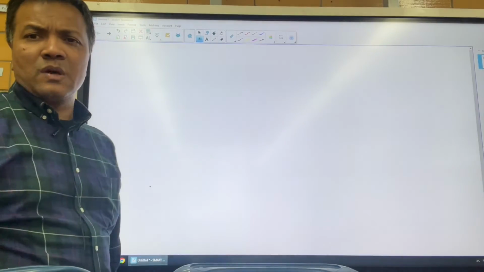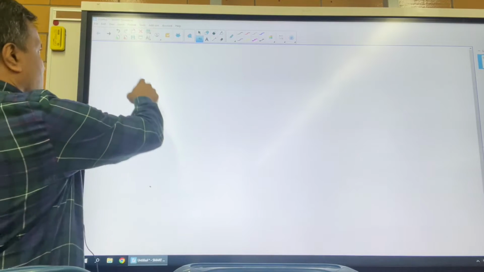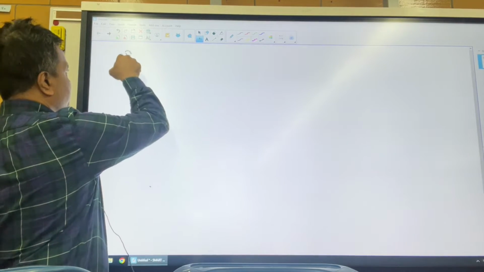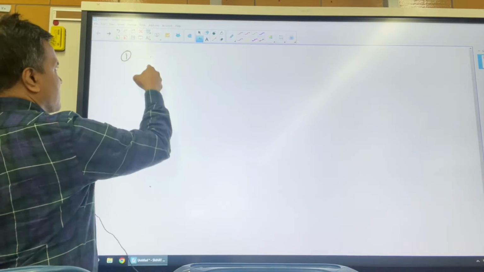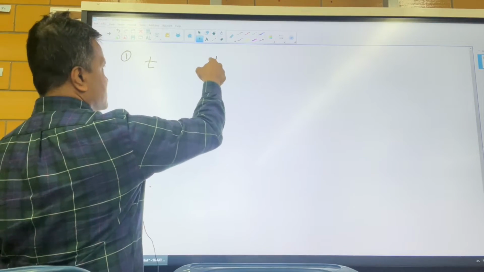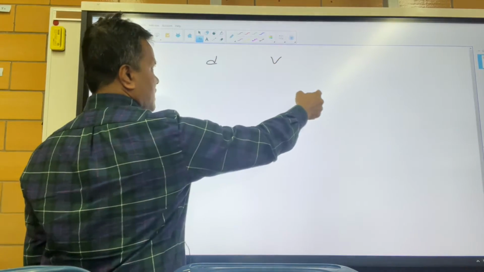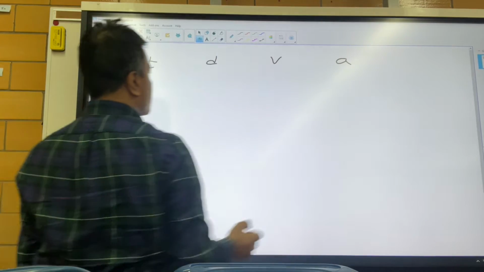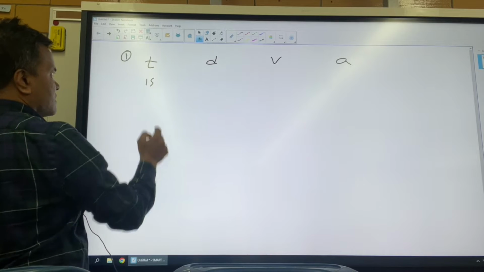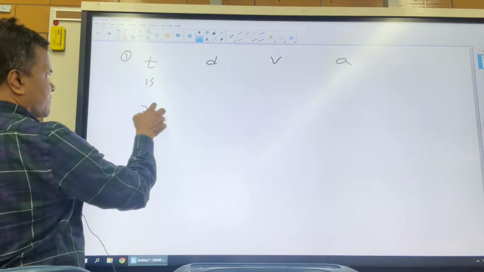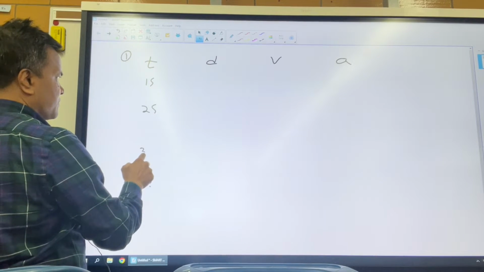Let's first solve problem 1, and we're going to start our conversation with the time, and then you have a distance, a velocity, and an acceleration. So the time, let's say this is 1 second, end of 2 second, end of 3 second.